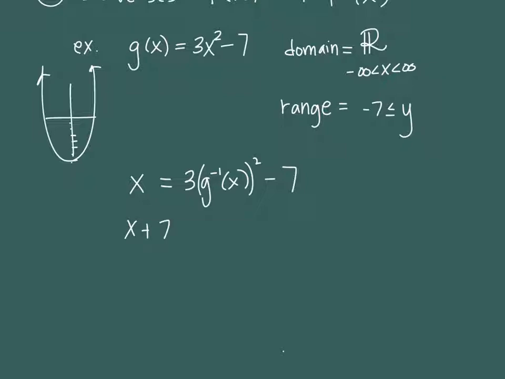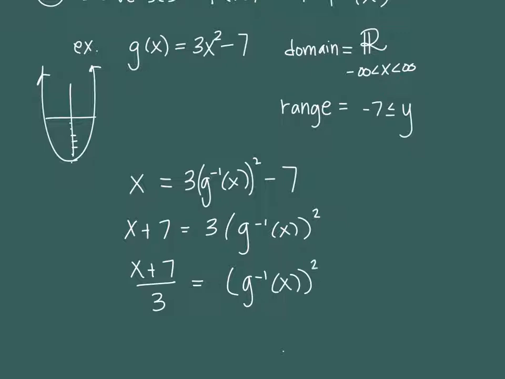So x plus 7 equals 3 times the inverse squared. And we work on getting that inverse alone by dividing both sides by 3. So x plus 7 over 3 equals the inverse squared. And then we want to get rid of the square.